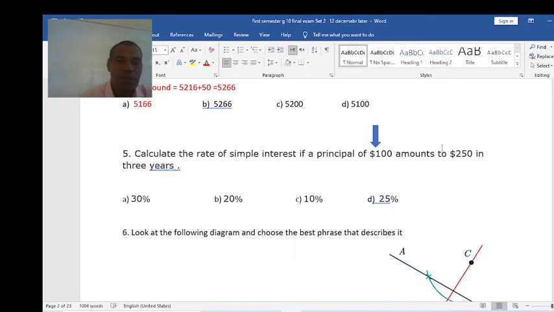Okay, for the next question, calculate the rate of simple interest if a principal of $100 amounts to 250 in 3 years.